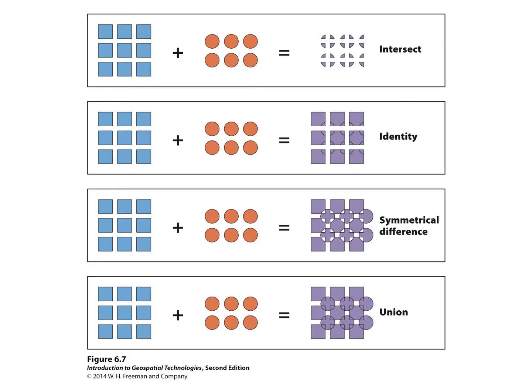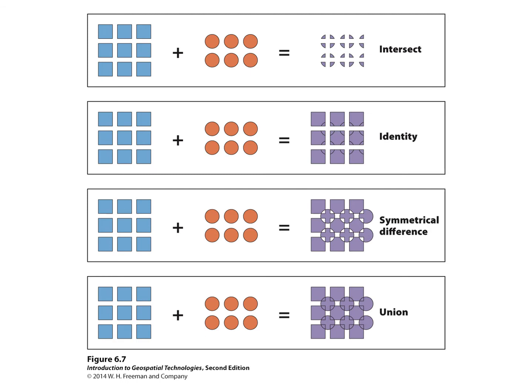So when we do overlay functions, there's some things that we can do, like I said, other than just putting them together. And some of these are basic functions like intersect and identity and symmetrical difference and union. So let's look at intersect. With intersect, we have two data sets. And basically, when we use an intersect function, it's going to find data that is common to both data sets.